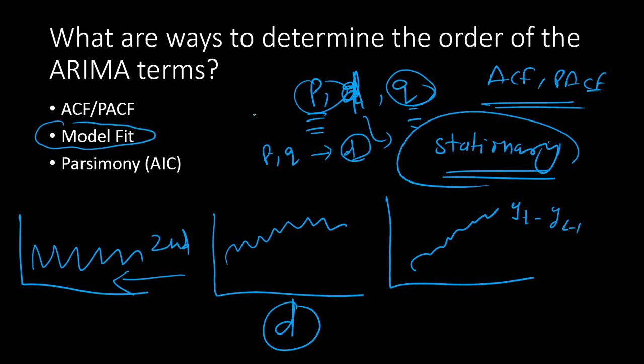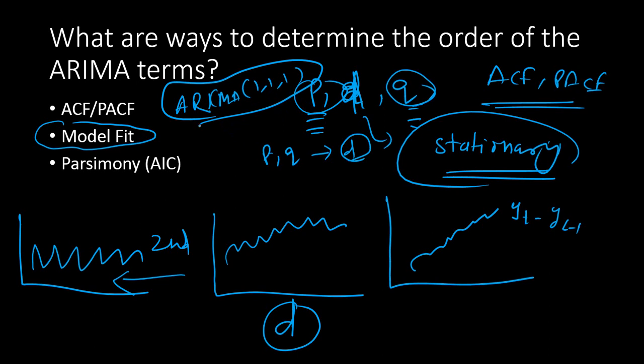Let's take an example to make it simpler. So you just found a model which you think is ARIMA 111. You found that only one difference is required, and then one AR term and one MA term, and maybe the error terms are also white noise.